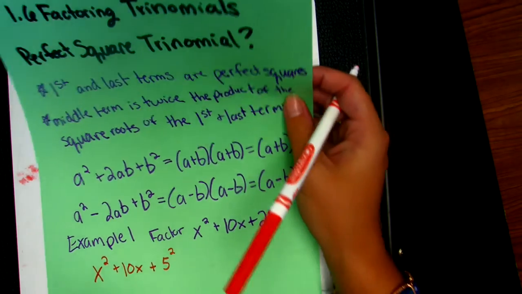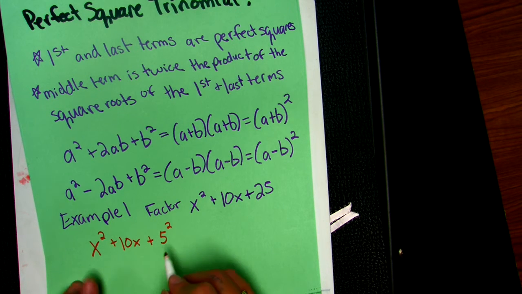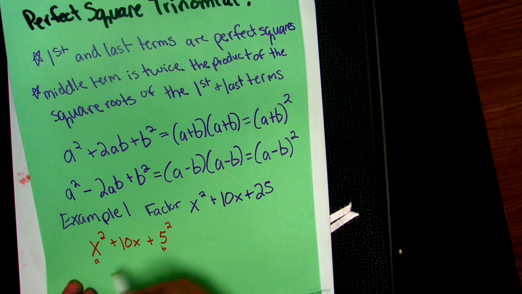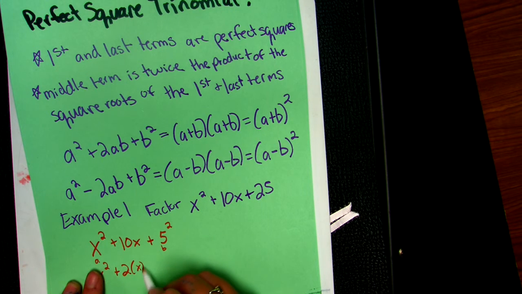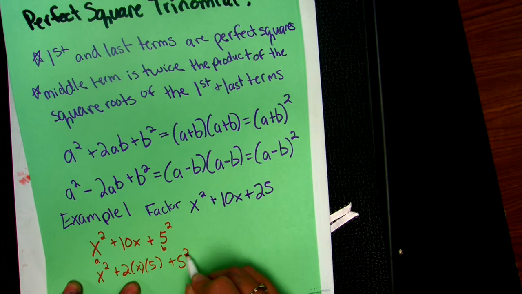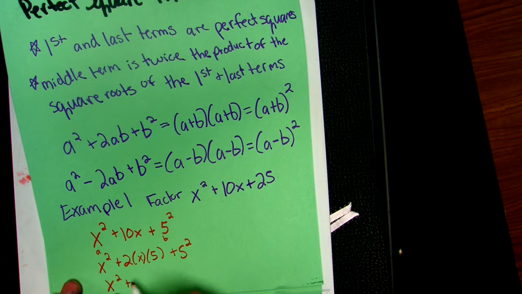Now we just need to know, is that middle term the same as 2 times a and b? Well, x is a and 5 is b, so we want to know, is it 2 times a and b? A is x, b is 5. Since 2 times 5 is 10, that works.